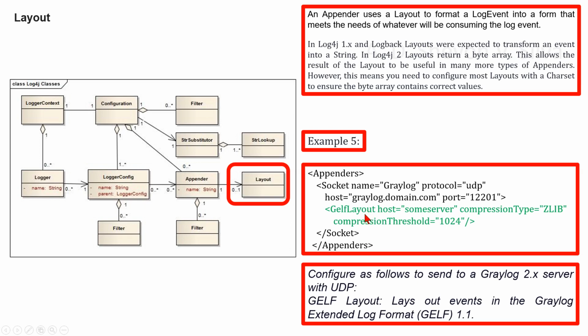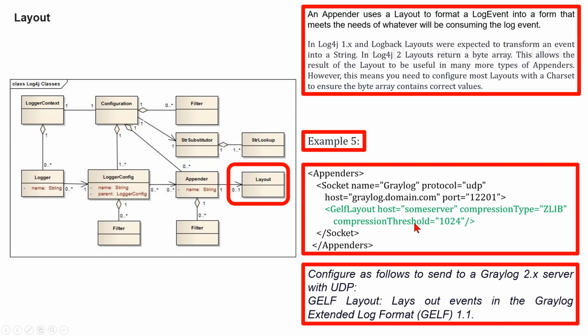Here the parameter name host, string, the value of the host property, optional, defaults to the local hostname. And compression type can be GZIP, ZLIB, or OFF. Compression to use, optional, defaults to GZIP.